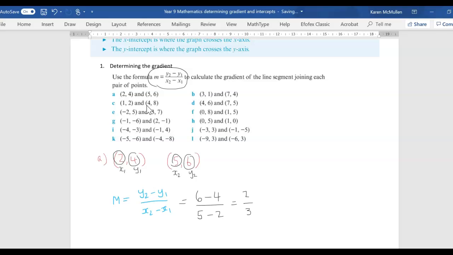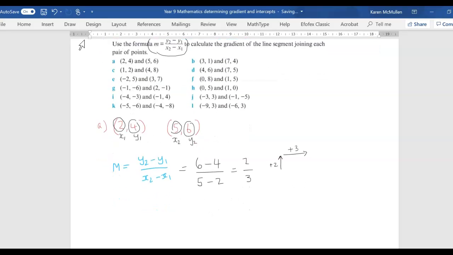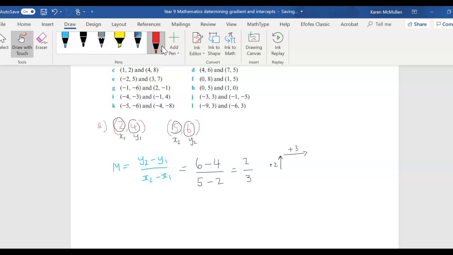So our gradient is 2/3. That just means we've gone up 2 and across 3. That's all it means. Rise and run. Actually, I'm not going to have time to do all of them. So let's skip C and move on to E.